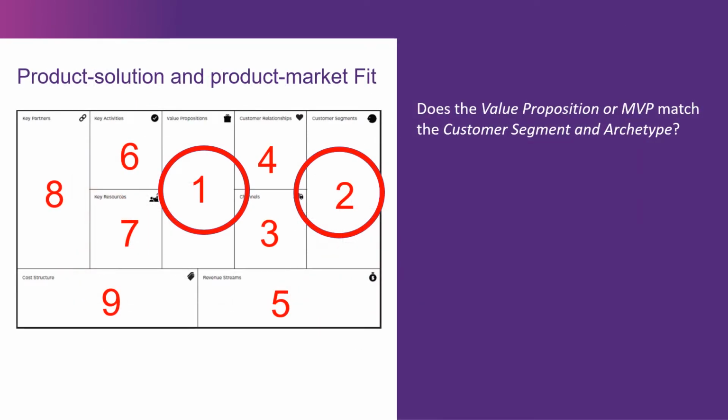Once you have profiled your customers and looked at each of the customer segments, and then also looked at mapping the value for those segments, understanding how your products and services are actually going to meet the needs, the pains and the gains of those customer segments, you need to determine the product market fit.